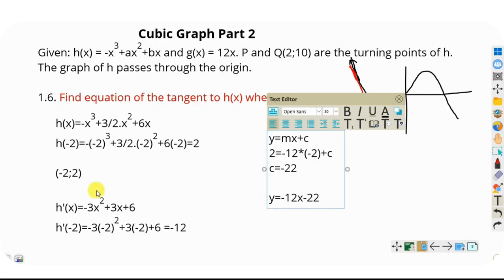You can test it by substituting the coordinate, and it checks out. So this is the equation of the tangent to the graph of h.